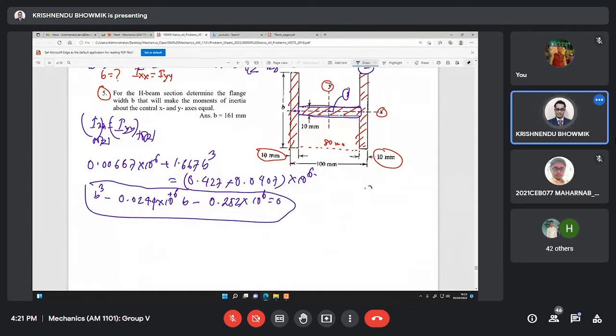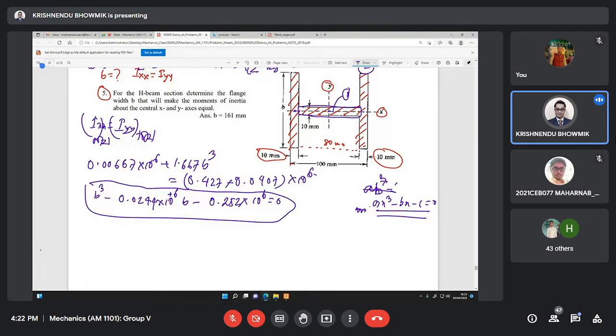So it is like a x cube minus b x minus c equal to 0. This type of expression where x is basically b and b equal to some value here. Now to solve this type of problem, cubic formula, three roots.